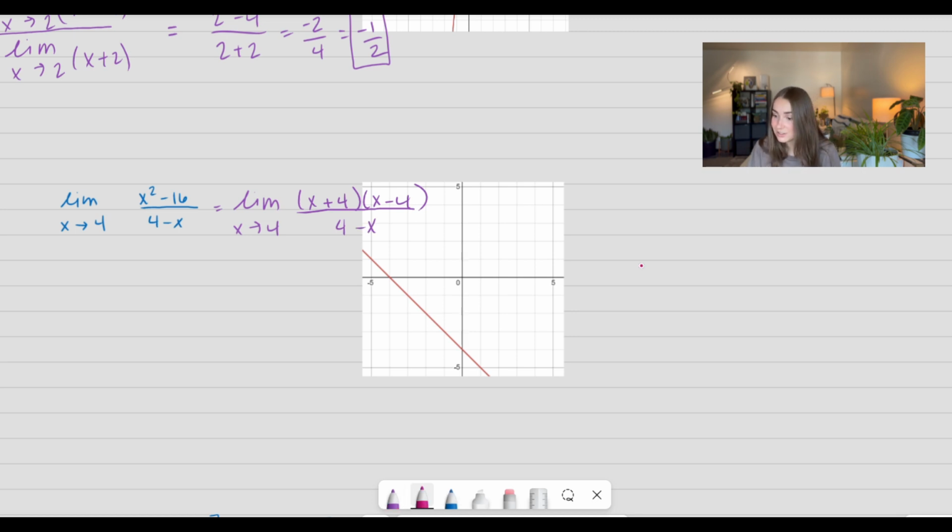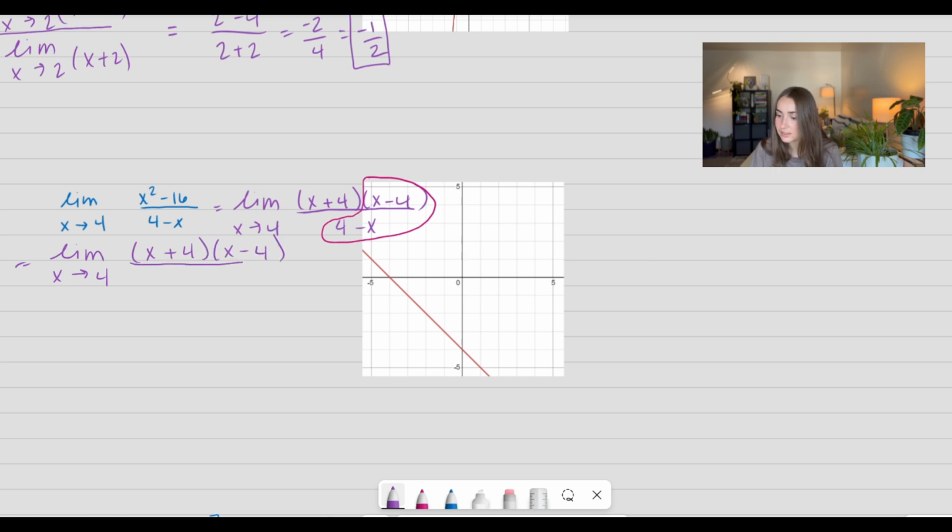Notice that these two terms, x minus 4 and 4 minus x, are super similar, but they don't divide out nicely. We actually need to factor a value from the denominator in order for those to be exactly the same. If I do that, I take the limit as x approaches 4, x plus 4 times x minus 4 in the numerator.